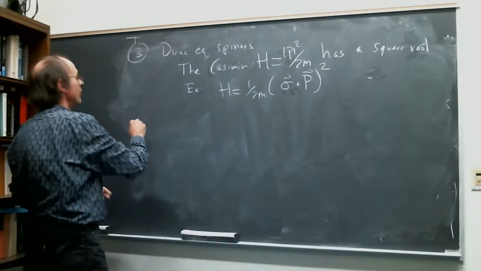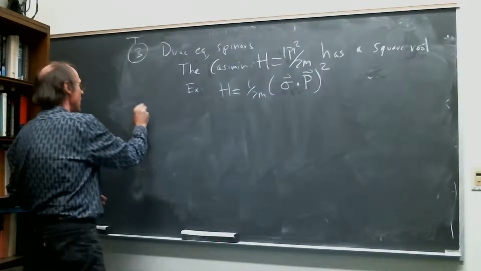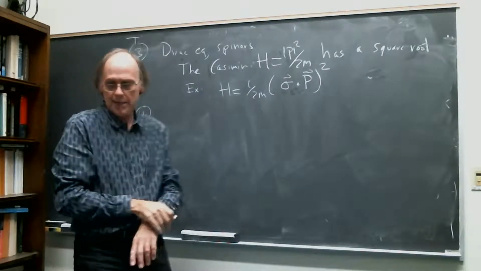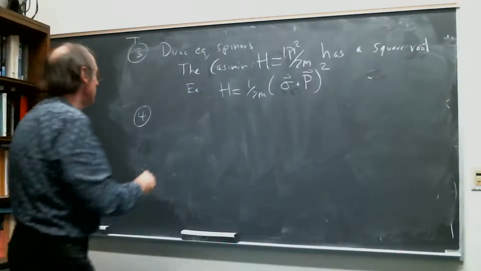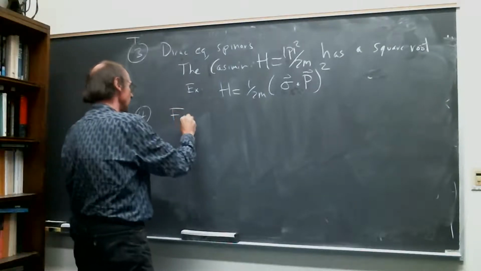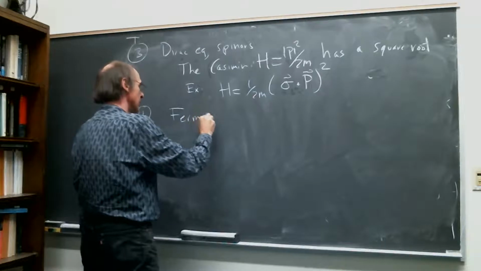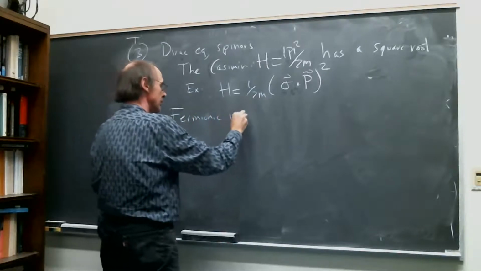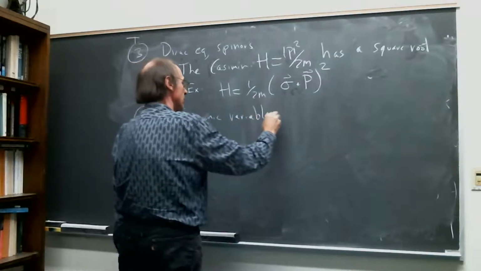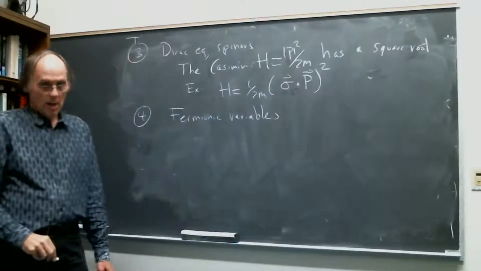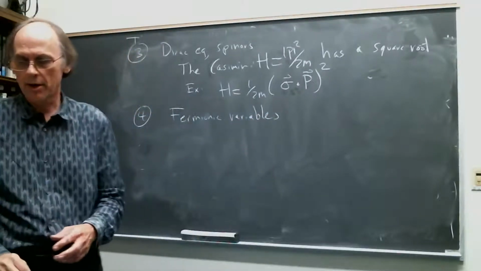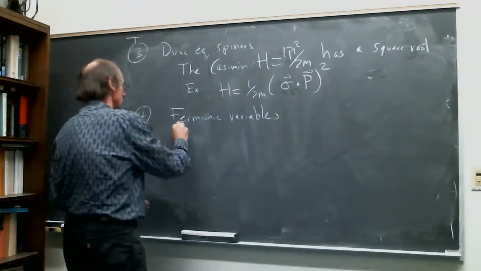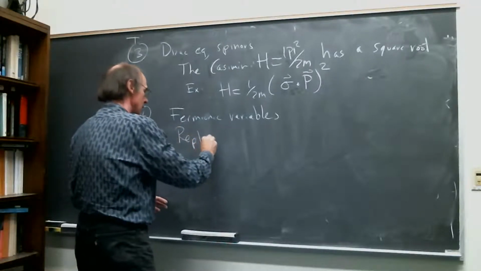But this is a very, very interesting story. And then finally, the last new idea you need is fermionic variables. Really, one way of saying what you want to do here is you want to replace the story.